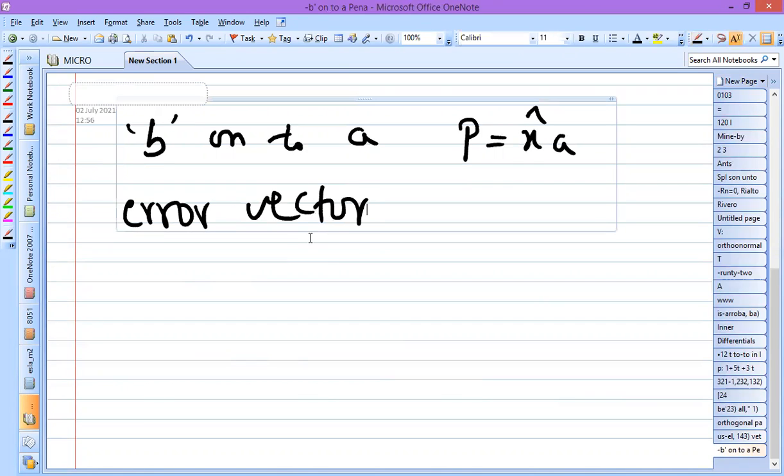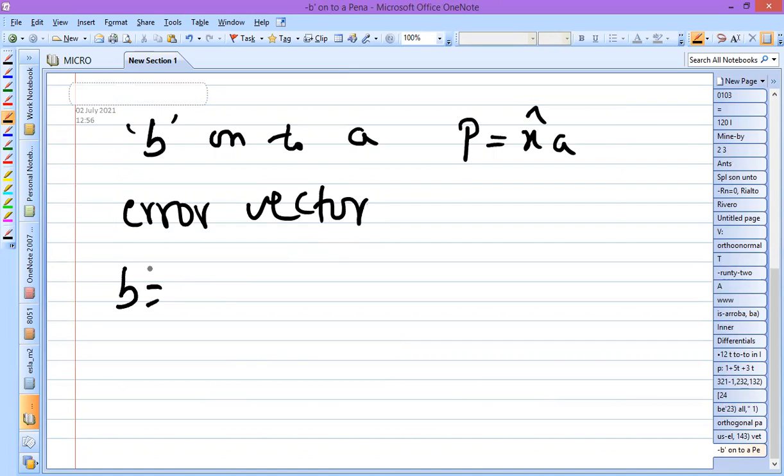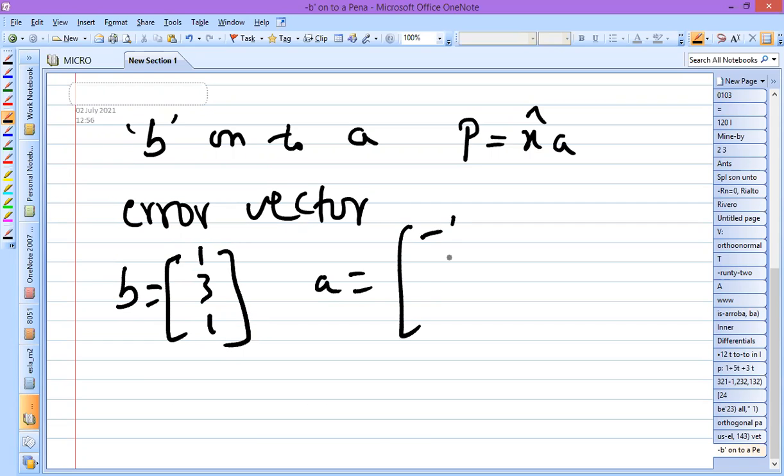Project B onto A. Also compute P is equal to XA. Find the error vector. So here B is given with the elements 1 3 1 and A is with the elements minus 1 minus 3 minus 1.